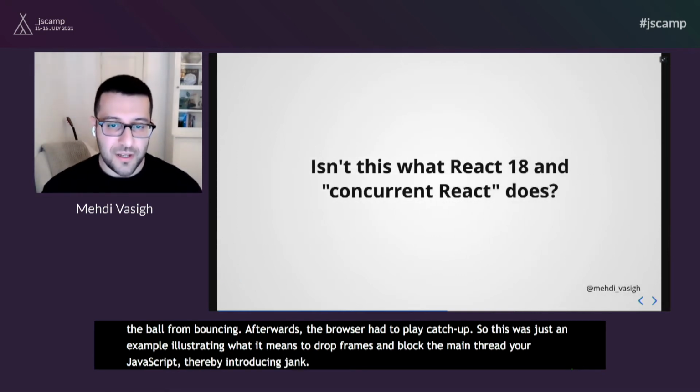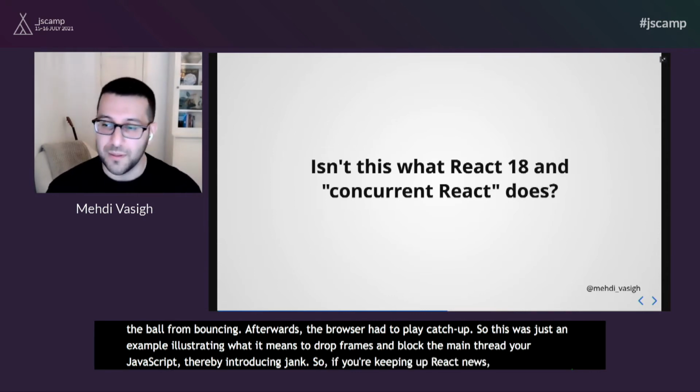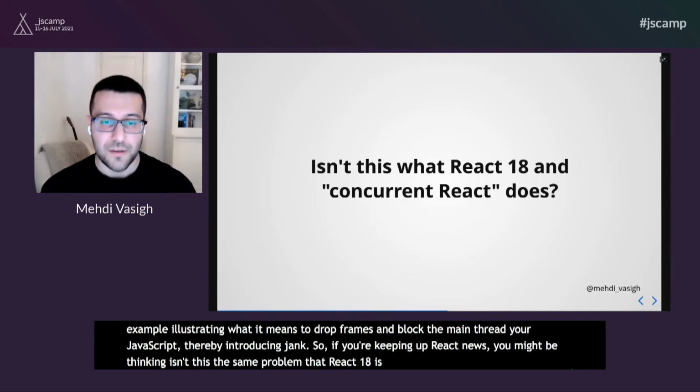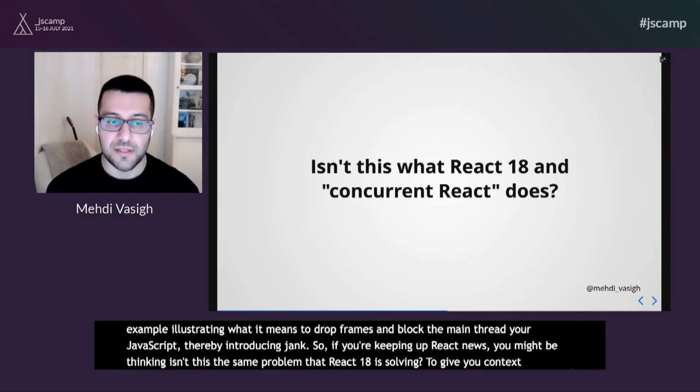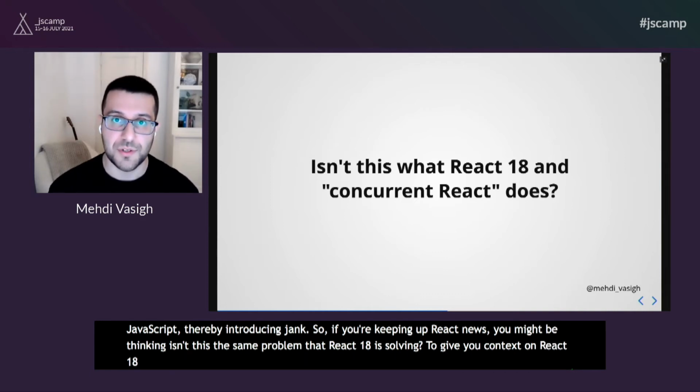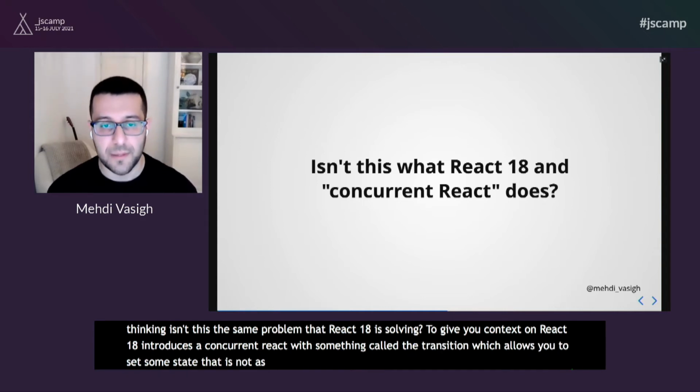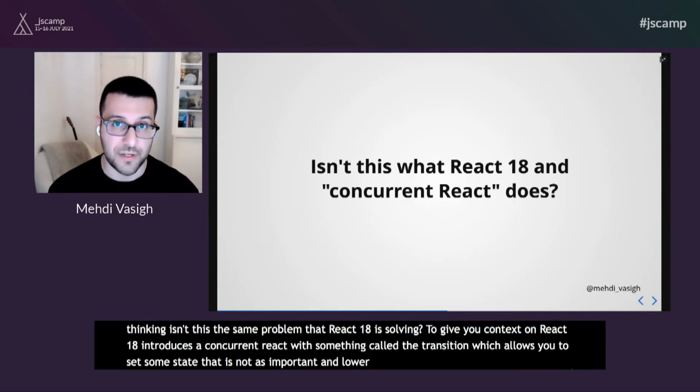So if you're keeping up with React news, you might be thinking, isn't this the same problem that React 18 is solving? To give you some context on React 18, React 18 introduces a concept of concurrent React with something called a transition. And what this allows you to do is essentially set some state that's not as important or lower in priority than some of the critical parts of your application. So things that are very interactive.